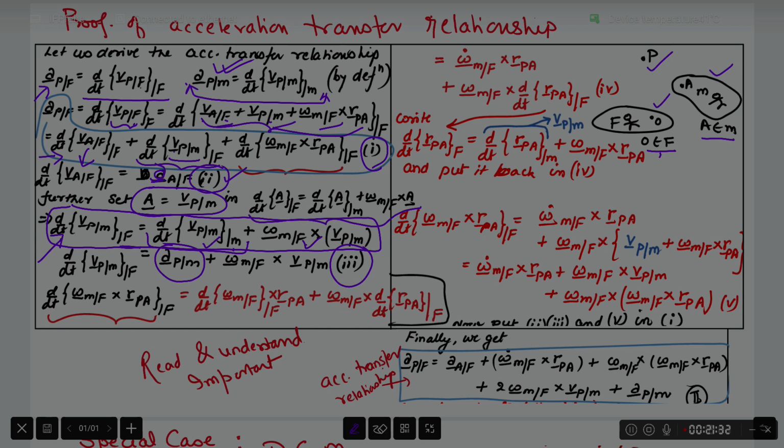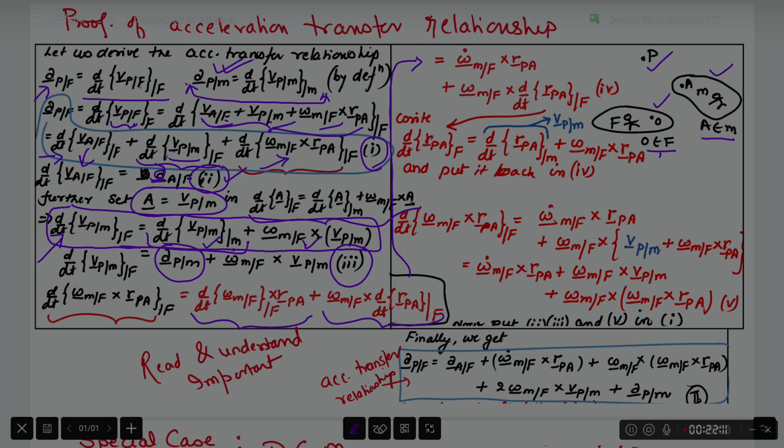Now I am going to focus on this term back in 1. That term is the rate of change of omega MF cross RPA with respect to F. Applying the product rule of differentiation, I write this term as the sum of these two terms. One term involves the rate of change of omega MF itself, and the other involves the rate of change of RPA with respect to F. From here, I come to this point.